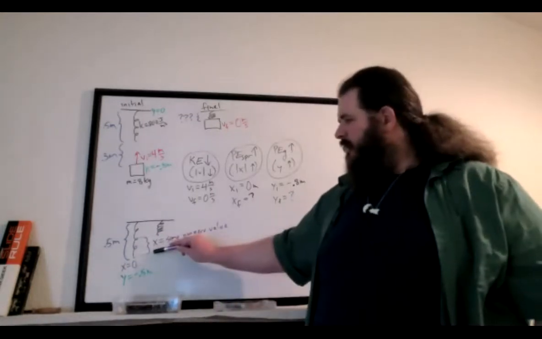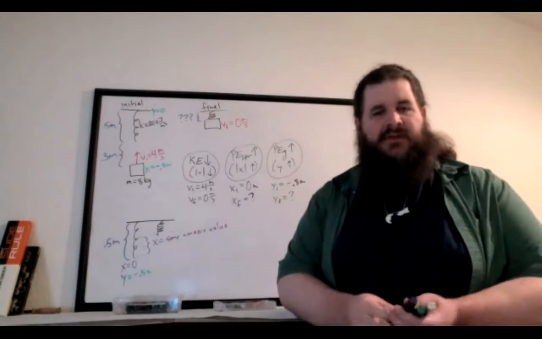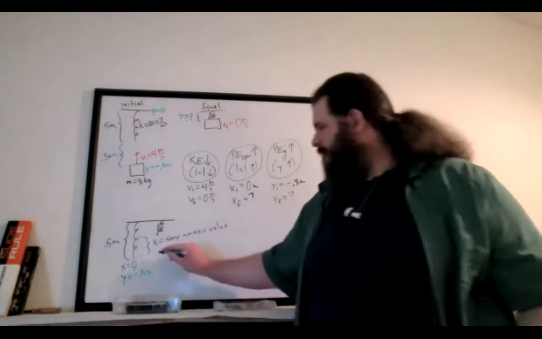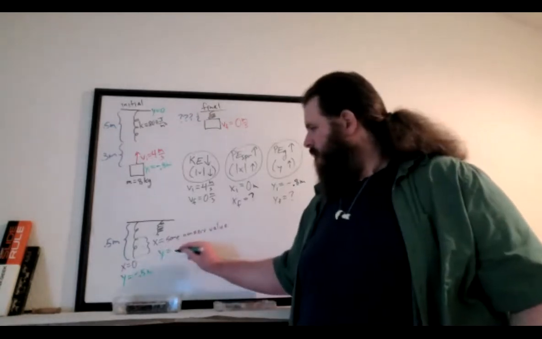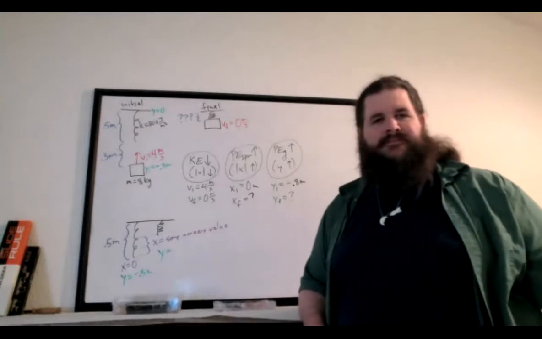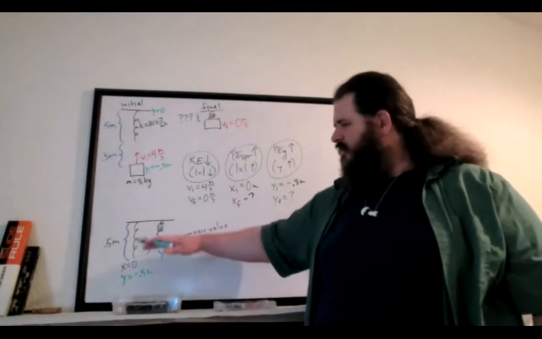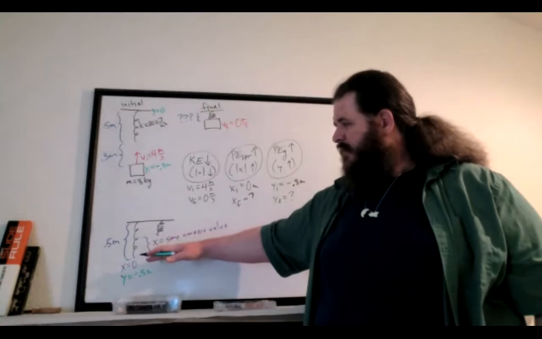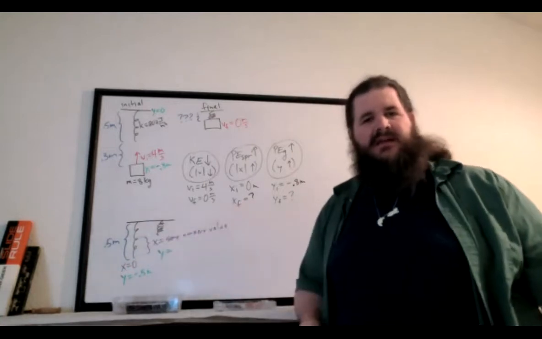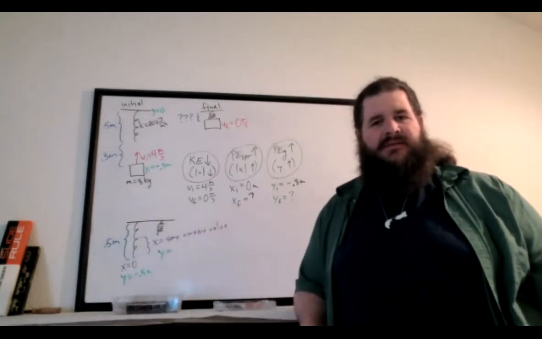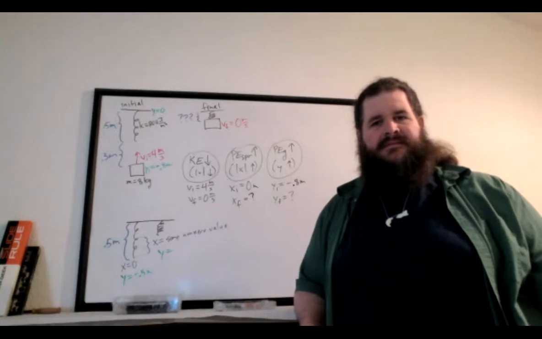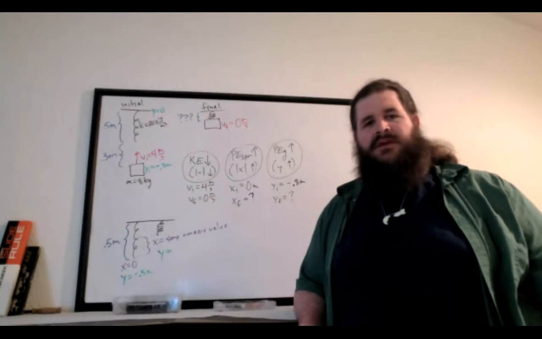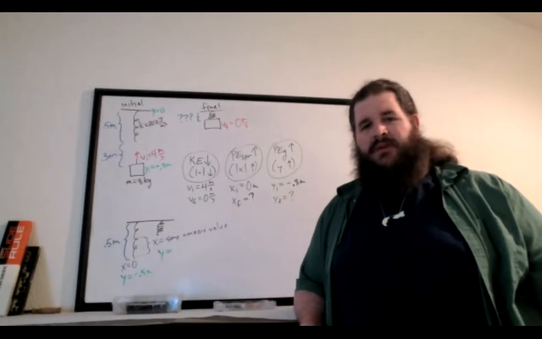And if you know it's compressed some distance x, how would you find the new value of y? If you started off 0.5 meters below the ceiling and you push it up a distance x, now how far below the ceiling are you? 0.5 minus x. We want to treat this as distance below the ceiling, though, so we want to treat it as negative.